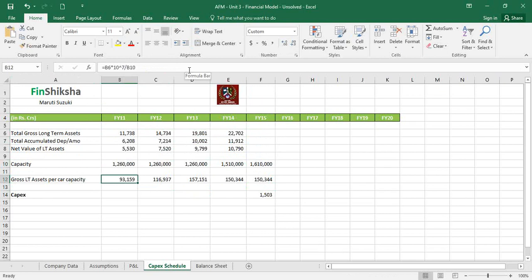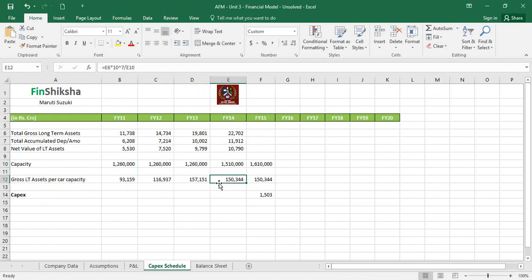So effectively what we identify is that on a per car basis, when they were producing 12 lakh 60,000 cars, their total assets were 11,000 crore. When they're producing 15 lakh cars, their total assets are 22,000 crore. So basically, they have seen an increase in the gross long-term assets per car capacity. Maybe that's because of newer technology or whatever, this number has gone up.